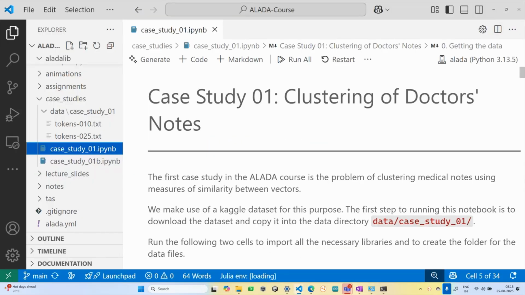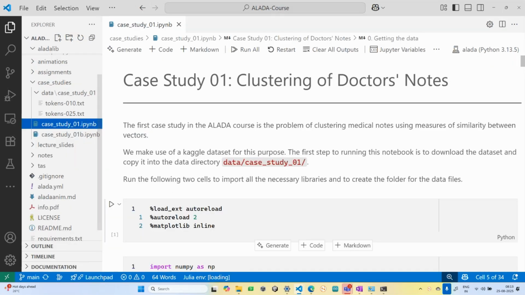I'll just introduce the ideas that are there in those notebooks, which is essentially an application of ideas from vector spaces and matrices. In fact, one nice application of matrices. The 2 case studies essentially deal with analyzing clinical notes written by doctors or clinicians.